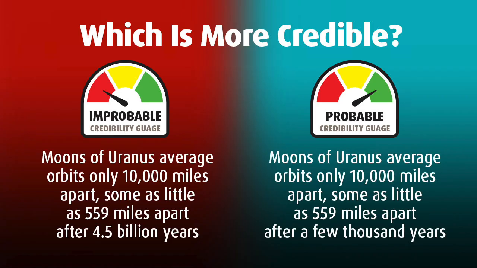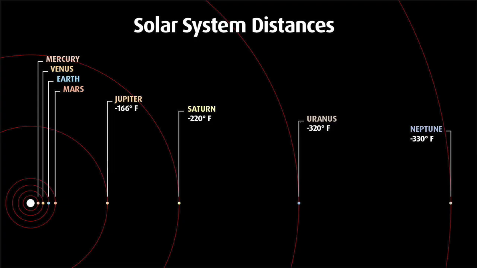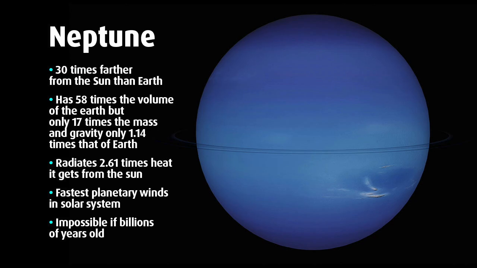So we go even farther out into space and we find Neptune. It has 58 times the volume of Earth, but only 17 times the mass and only just over the same gravity as Earth, 1.14 times that of Earth.